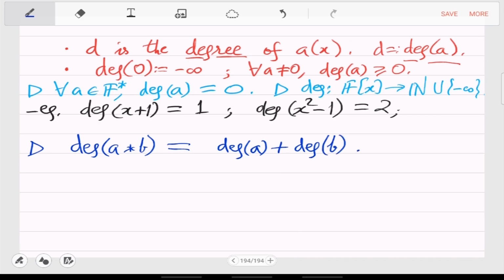In the case of 0 times B, 0 will give you 0, so minus infinity goes to minus infinity. And if A and B are both non-zero, then you will get a non-zero answer. You can check from the definition of multiplication that it's the sum, because the leading term times the leading term adds up the degree.